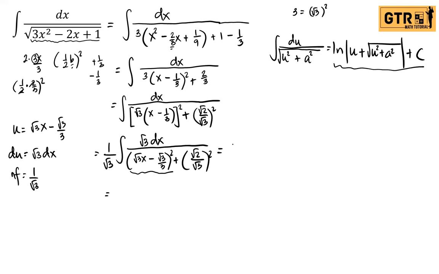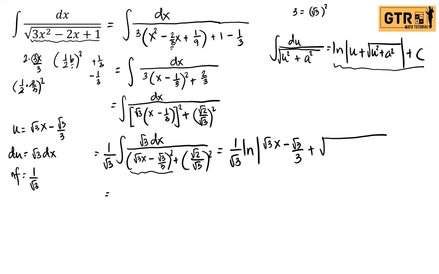Therefore, our answer will be 1 over square root of 3 times ln of u. So this is our u, square root of 3 x minus square root of 3 over 3, plus the square root of u squared plus a squared.